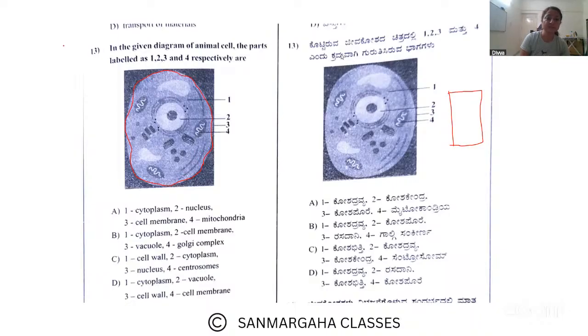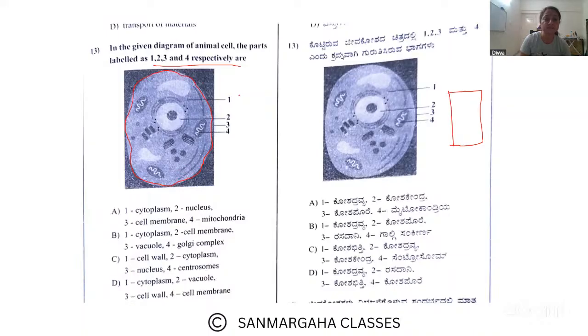Coming to the question now. In the given diagram of the animal cell, the parts labeled 1, 2, 3 and 4 respectively are what? First we have to identify what each is. The first one: where is it present? It is somewhere in the middle, not particularly targeted to any organelle, nothing prominently shown there. Somewhere in the matrix.